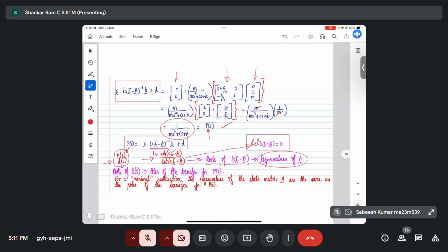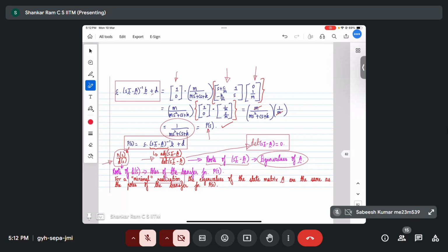But we will shortly see that there is some more condition. We need to satisfy what is called a minimal realization. We will come to that later. But in a broad sense, this provides us with a rationale as to why the eigenvalues of the state matrix and the poles of the transfer function are by and large the same.